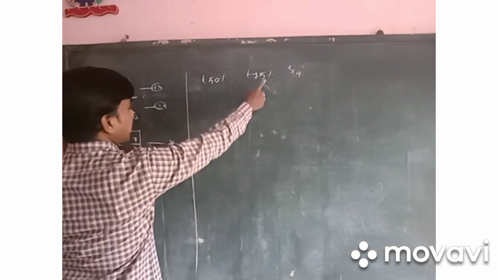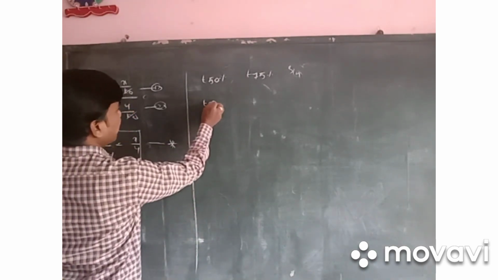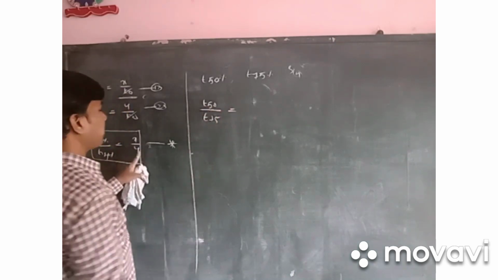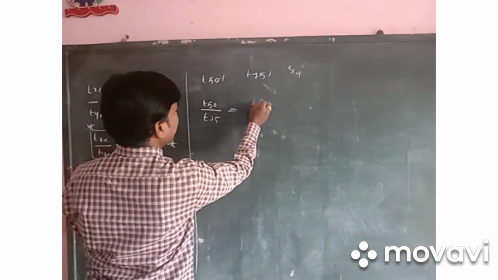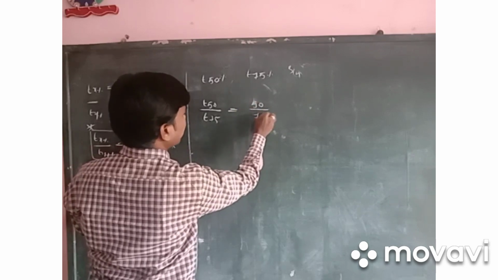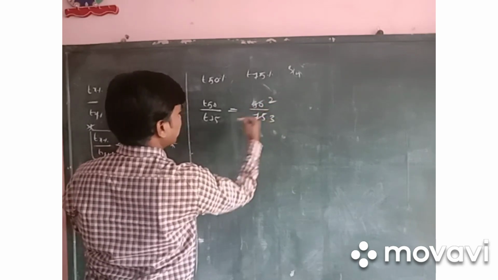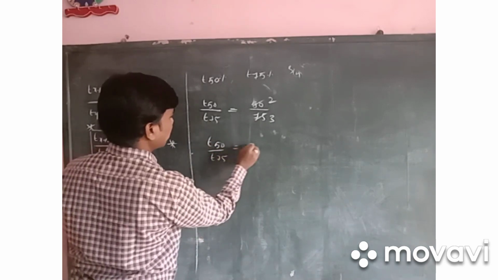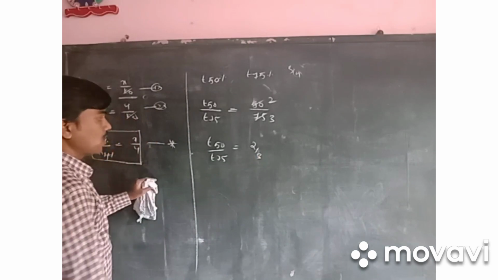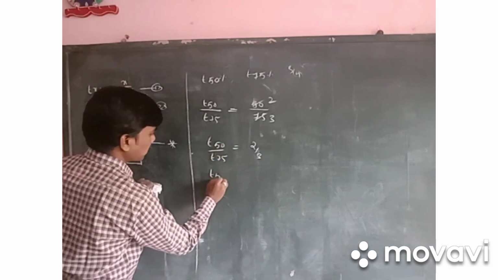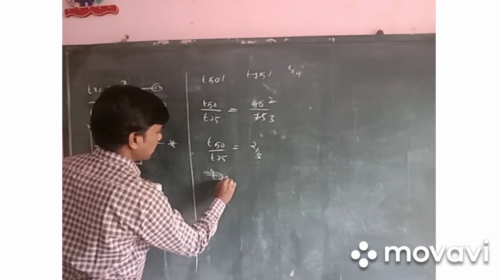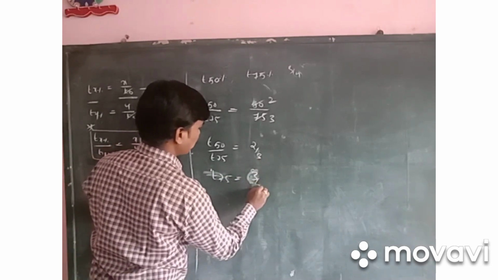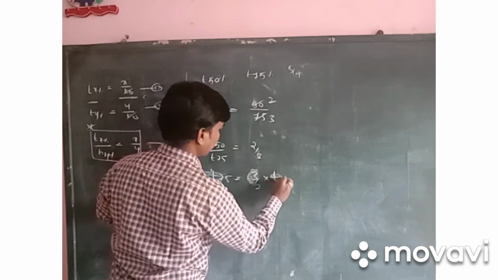t x percentage and t y percentage means t50 by t75. 50 is nothing but 50% completed and the other is 75. So t50 by t75 is equal to what? 2 by 3 will come, right? We need t75, so t75 is equal to 3 by 2 into t50. So this value comes to this side, so 2 by 3 becomes 3 by 2.